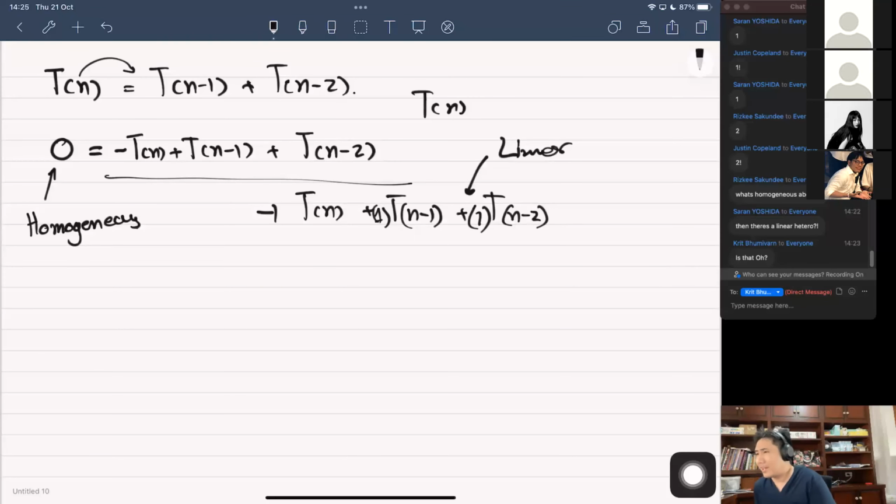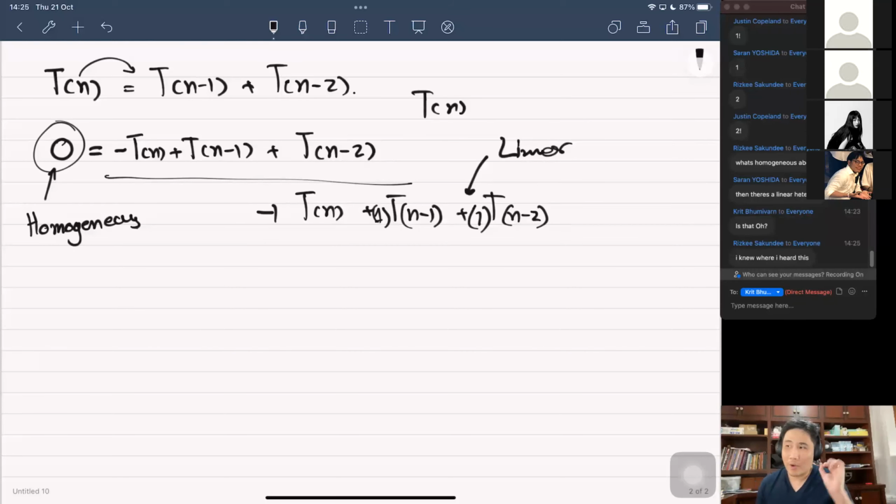When you see it in ODE, for example most of the second order ODEs that you're going to learn, like the spring equation, it's a linear equation. When you do not have the left side, that's the linear homogeneous one. Any questions so far? What we want to do today is figure out how to solve this.